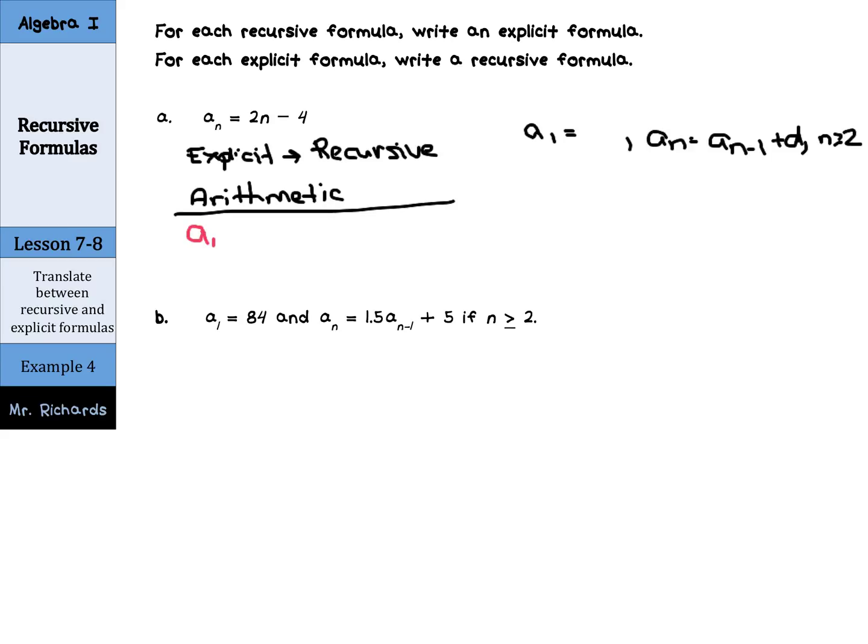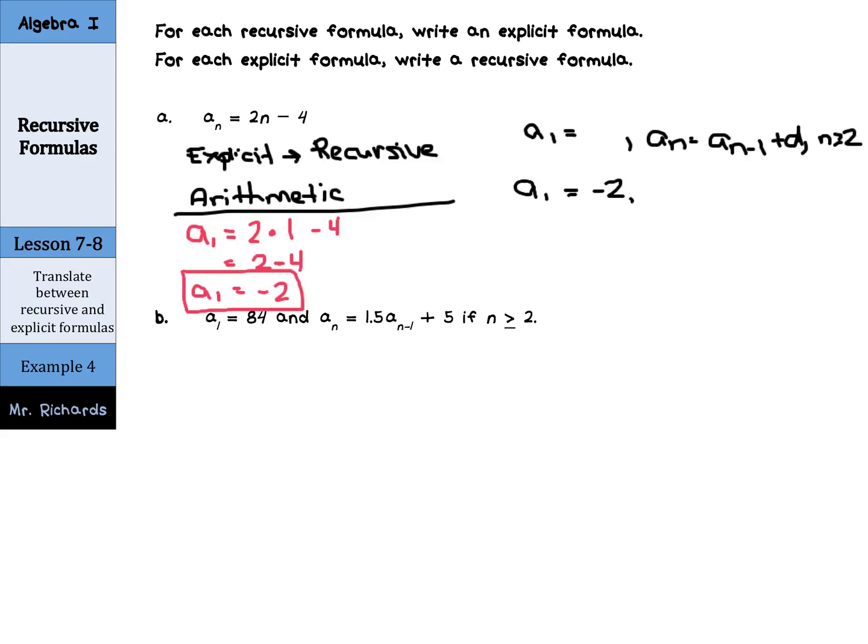So if I look for my first term here, all I need to do is put 1 in for n. So 2 multiplied by 1 minus 4. That's 2 minus 4. So my first term is going to be negative 2. So a1 equals negative 2.